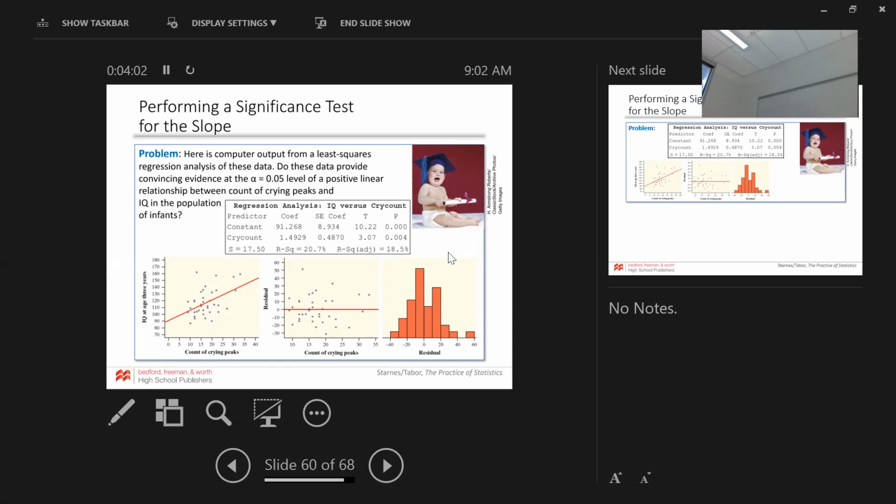What's the R squared value mean in the context of the question? What's the definition of R squared?